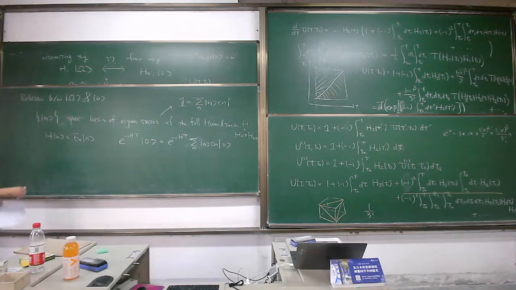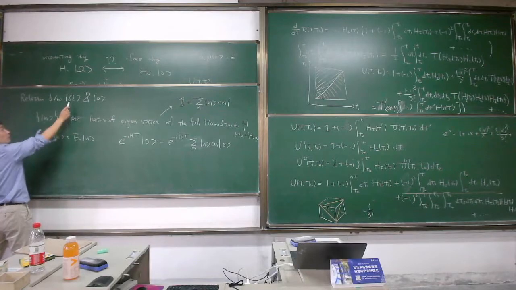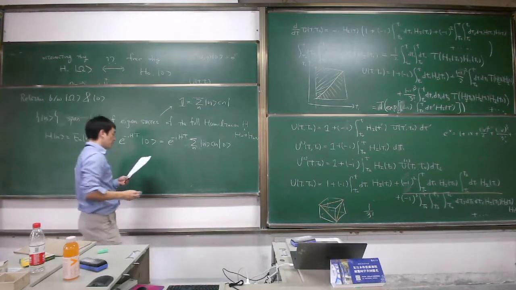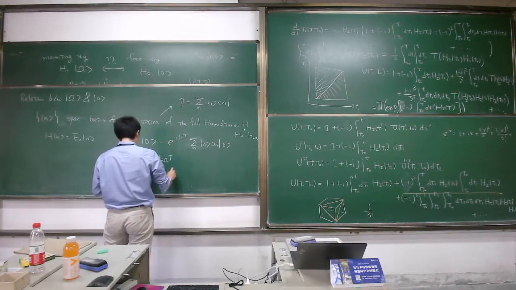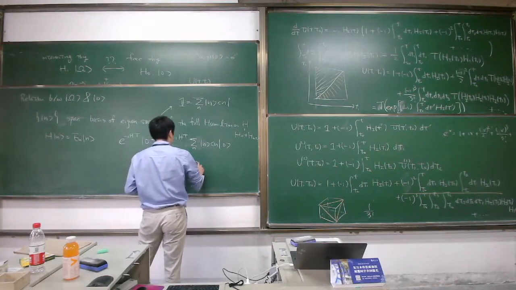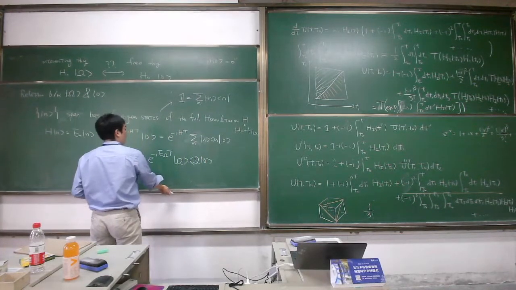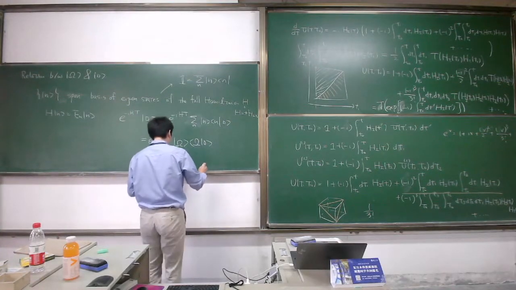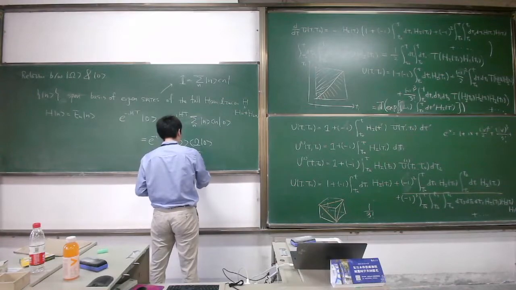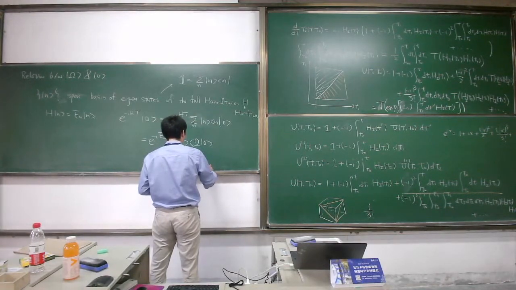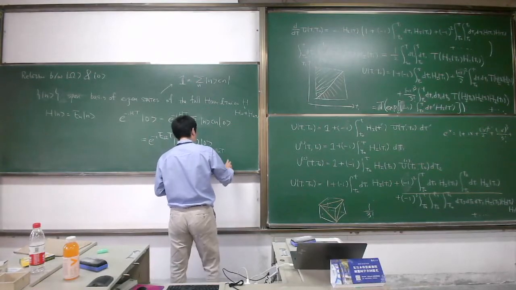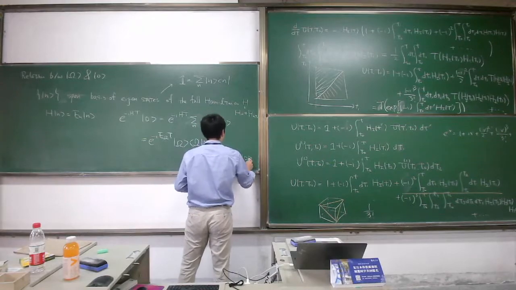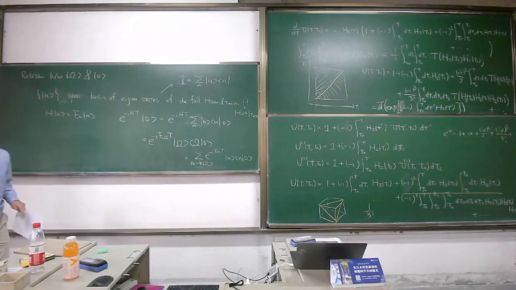And then we know that the ground state of this full Hamiltonian is |Ω>. So we just write down explicitly e to the minus i E_Ω T, <Ω|0>, and then plus the rest.